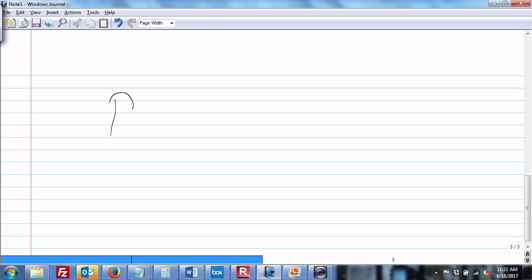Here's power equals rho g squared h squared t over 32 pi.